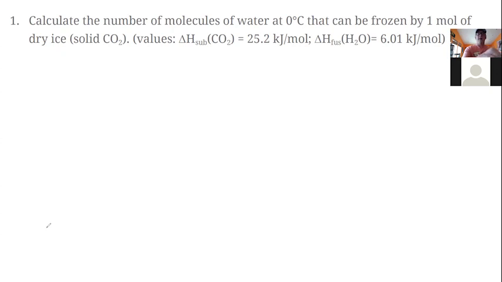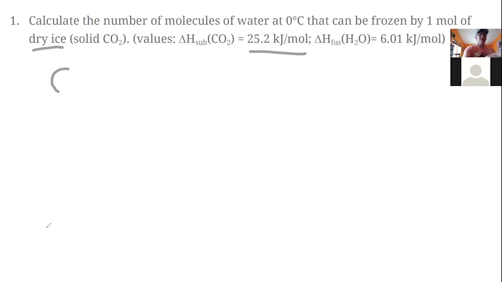So we have dry ice. So we start with dry ice. And we want to figure out if we have 1 mole of dry ice, how much heat is going to be taken out of, since this is positive, right? And we remember that whenever heat is lost somewhere, heat's gained somewhere else.